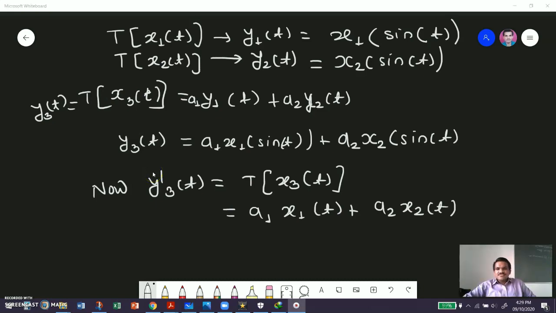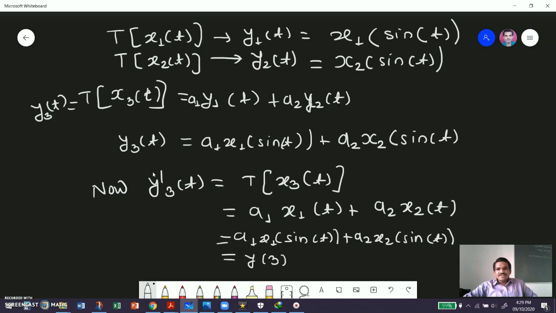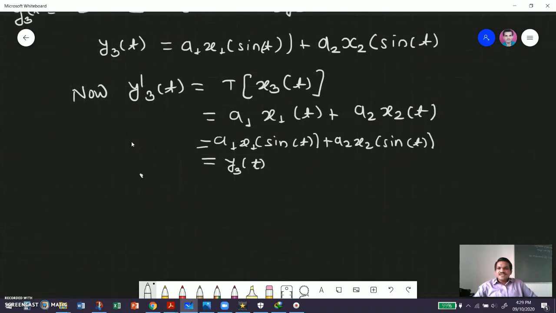So it is equal to a1 x1 of sine of t plus a2 x2 of sine of t, which is nothing but your y3 of t. So what does this mean? y3 dash of t is equal to y3 of t. This implies the system is linear.